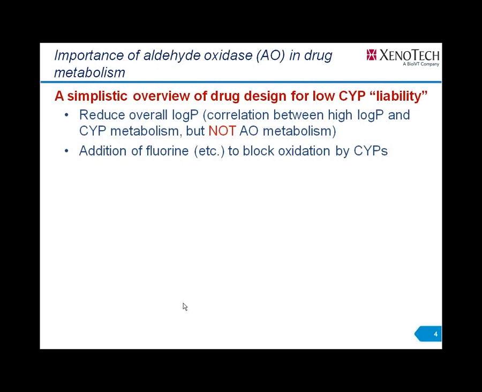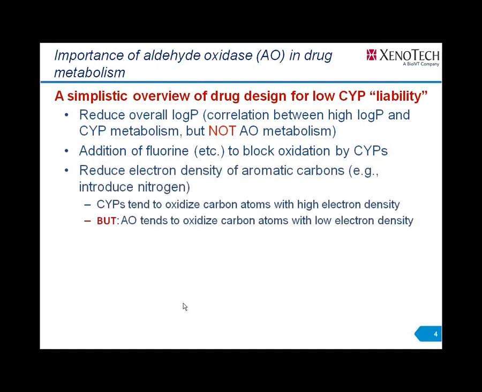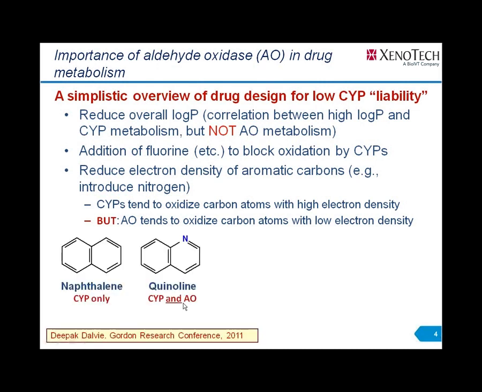One thing you can do is add fluorine to certain sites on a molecule to block oxidation by P450, and then simply reduce the electron density of aromatic carbons, for instance by introducing nitrogen. P450s tend to oxidize carbon atoms with high electron density, and aldehyde oxidase tends to oxidize carbons with low electron density, so you're now switching to some extent from P450 to aldehyde oxidase. Deepak Dalvi had a nice presentation at the Gordon Research Conference a couple of years ago where he presented these structures.